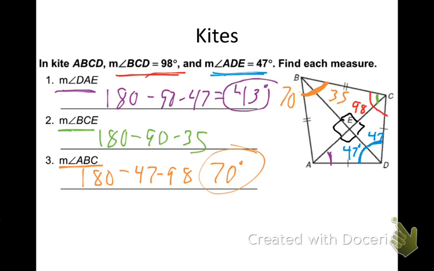And BCE has to come out to be how many degrees, Jack? 55 degrees. Nice job. And I did all of that using the properties of triangles within the kite.